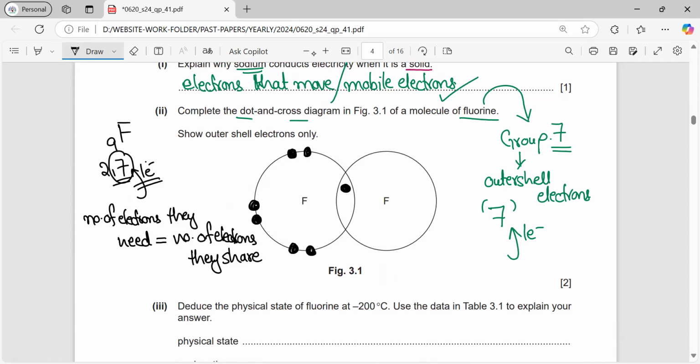In fluorine, there will be 3 unshared pairs, 6 unshared electrons on each fluorine. The same will happen with the next fluorine. 1 electron will be shared and the rest of the 6 electrons will be unshared and drawn outside.